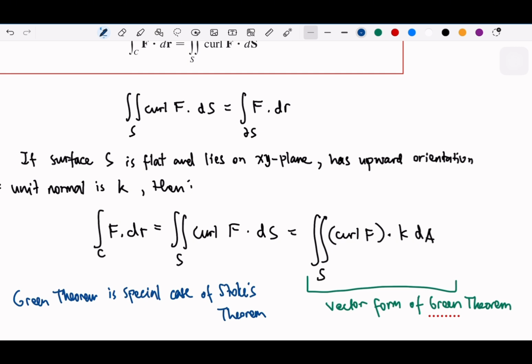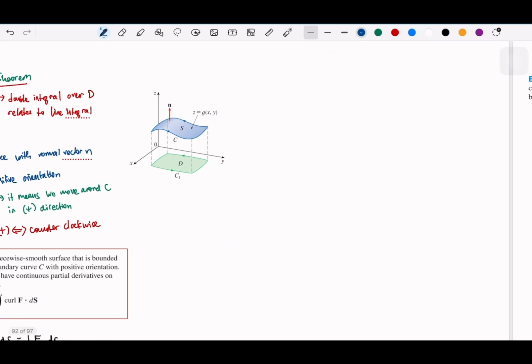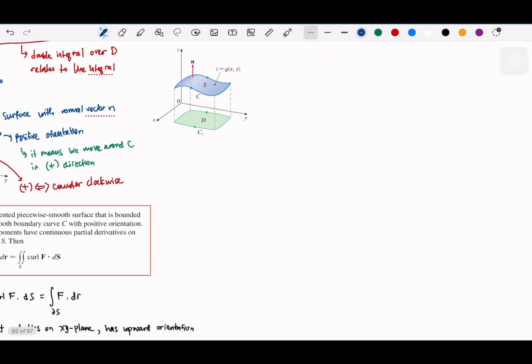And the theorem itself, Stokes theorem, in full explanation, is difficult to prove, but intuitively we can see how it relates. For example, this last part here, we can prove by taking this picture here.